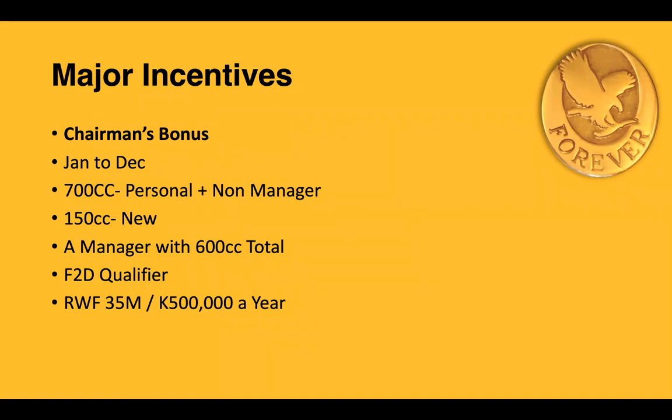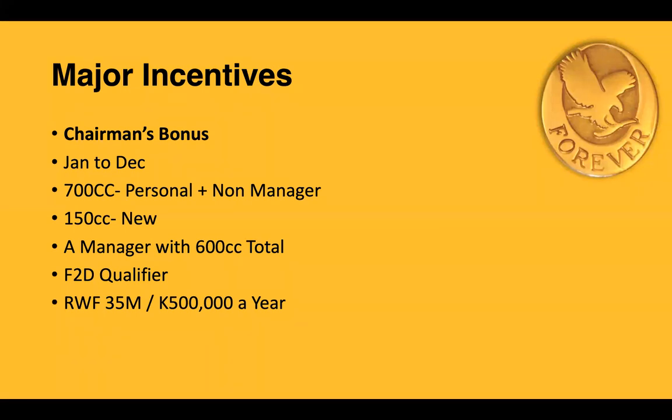if I put it in Rwandan francs, the year that you qualify for Chairman's Bonus level 3, let me actually type it as well, you are going to make not less than 330 million Rwandan francs in that particular year. Now that is some crazy money.